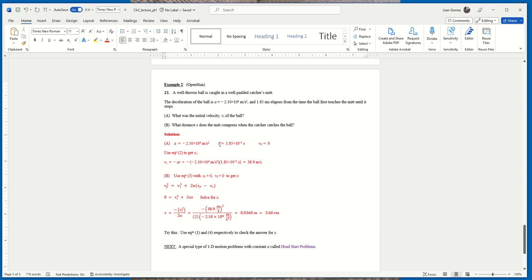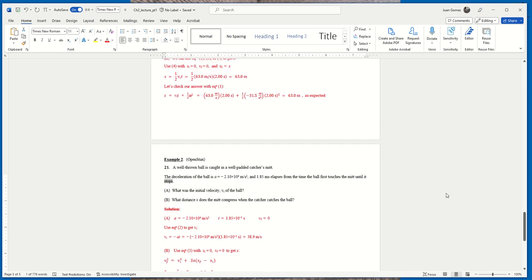Now, what is the time? Well, the time is 1.85 times 10 to the minus 3rd seconds. Remember, just be a little bit careful. The prefix milli is 10 to the minus 3rd. Now, VF is 0. Again, why? Well, nothing complicated. The ball stops. It first touches the mitt, and then obviously it comes to a stop.